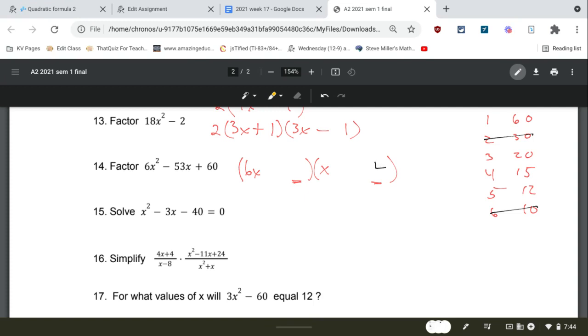Maybe this one, a 4 here and the 15. Nope, I can't put the 15 with the 6 because they have a 3 in common. So that's not it. Maybe the 5 and the 12. All right, 5 and the 12. That's going to give me 72.